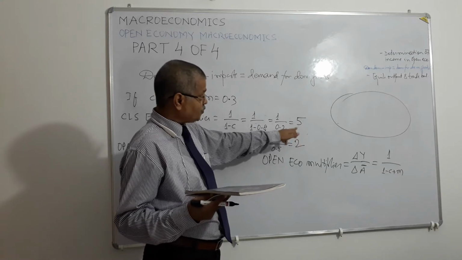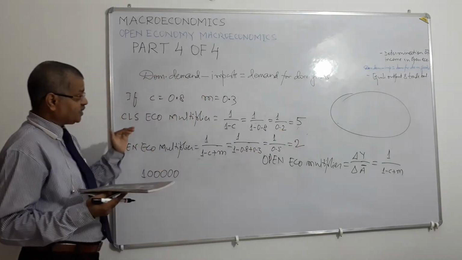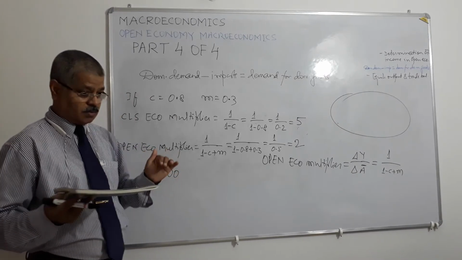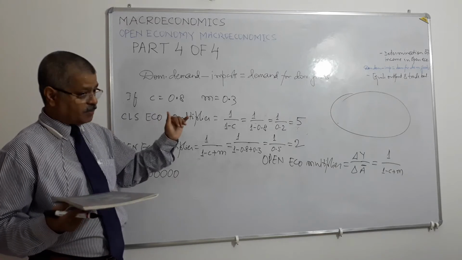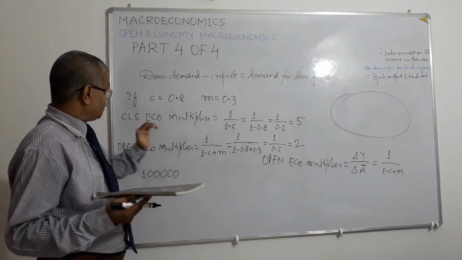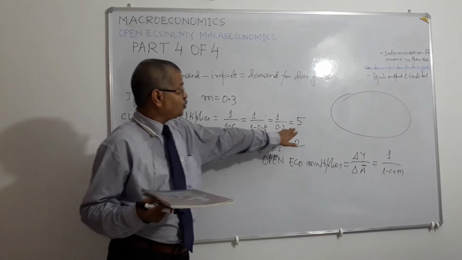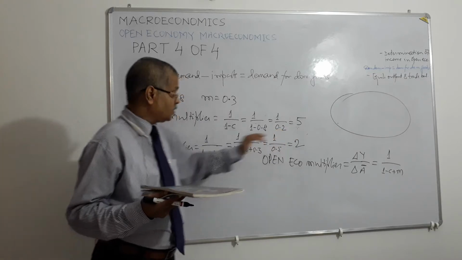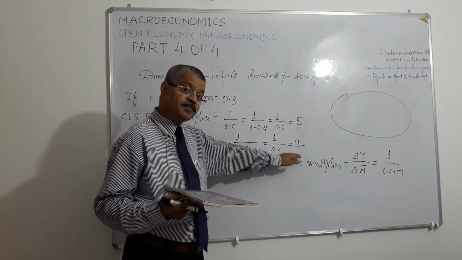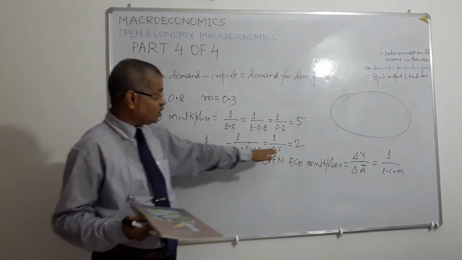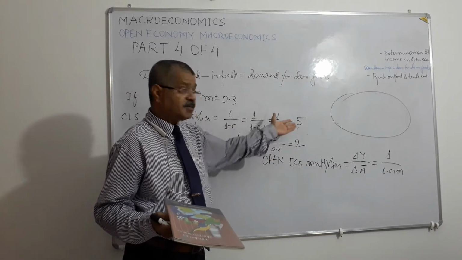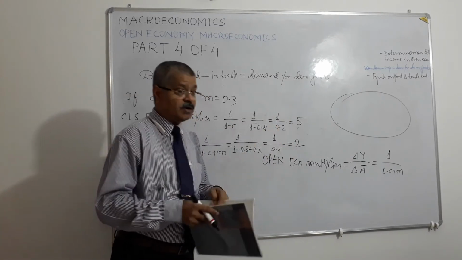So, in a closed economy, the output will increase by 500 rupees. Though domestic autonomous demand has increased by 100 rupees, in case of closed economy, the domestic output will increase by 500 rupees. But if the economy is open, it will increase only by 200 rupees. So when it increases only by 200 rupees, the output will increase by less. The income will increase by less as compared to the closed economy, right?